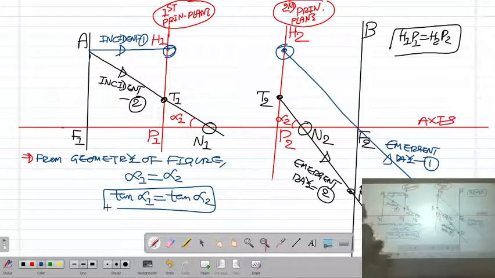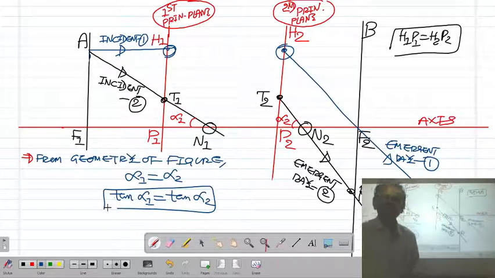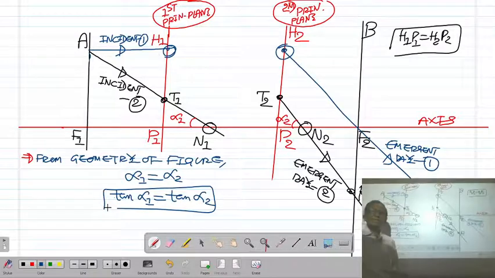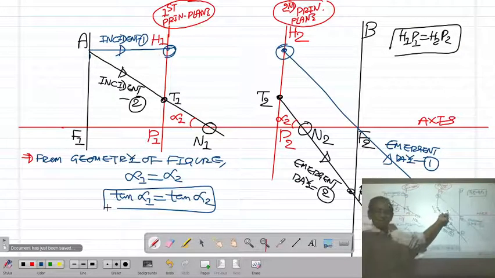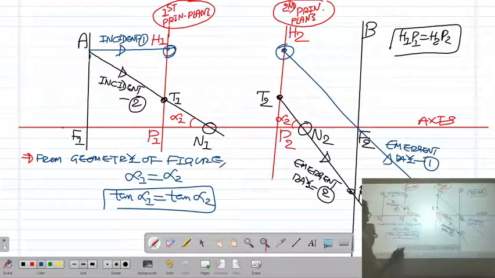Okay, now in case of nodal points, we are talking in terms of angles. Instead of lateral magnification, when you are talking in terms of image height and object height, that is lateral magnification. When you are talking in terms of angles, then it is angular magnification.